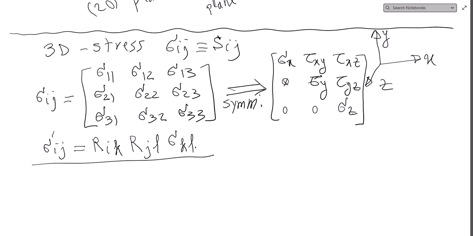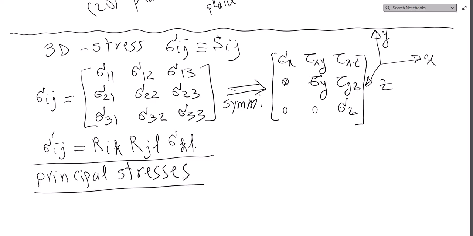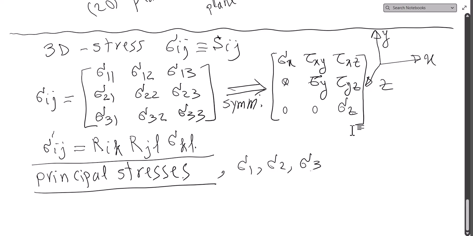Now here, we would like to calculate the principal stresses. Let's call these principal stresses sigma 1, sigma 2, and sigma 3. We have 3 principal stresses because of the 3-dimensionality of the space that we are dealing with.